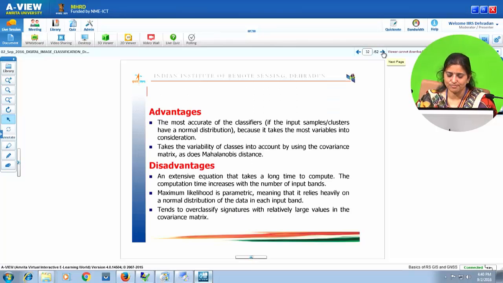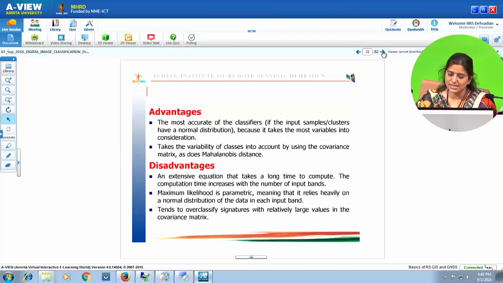The advantage of maximum likelihood classifier is that it is the most accurate of the classifiers if the input samples or clusters have a normal distribution, because it takes into account most of the variables. It takes the variability of classes into account by using the covariance matrix, as does Mahalanobis distance.